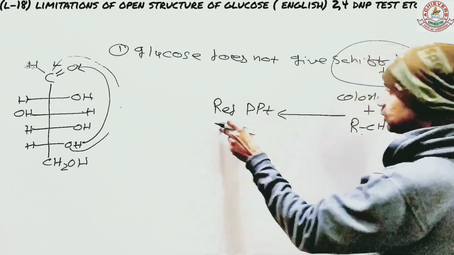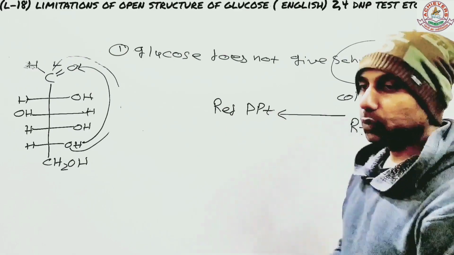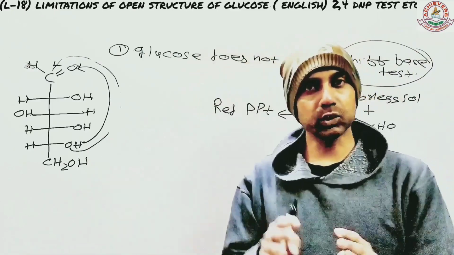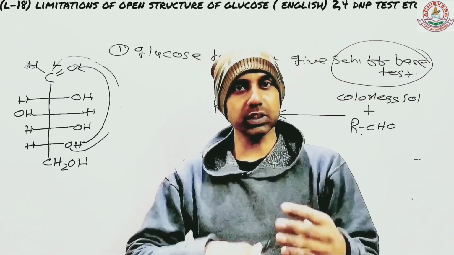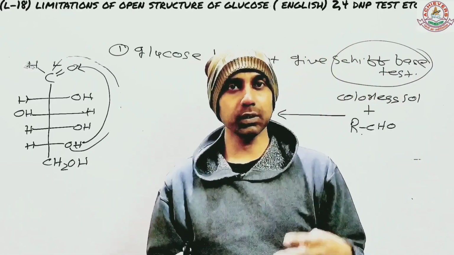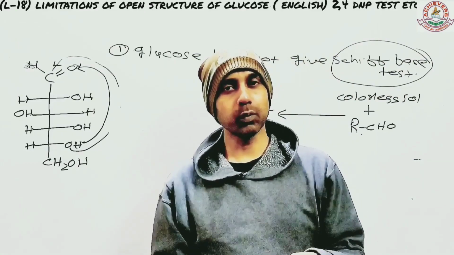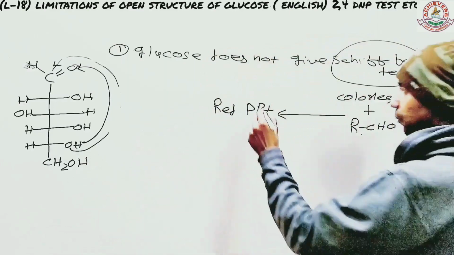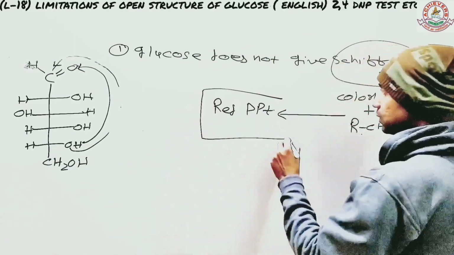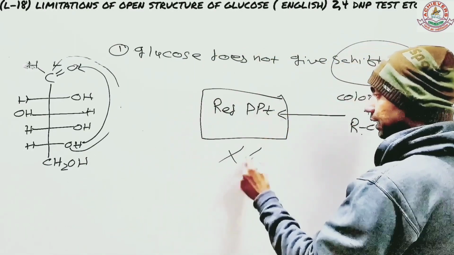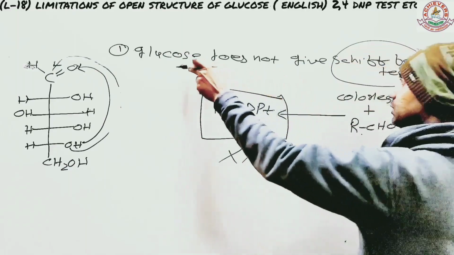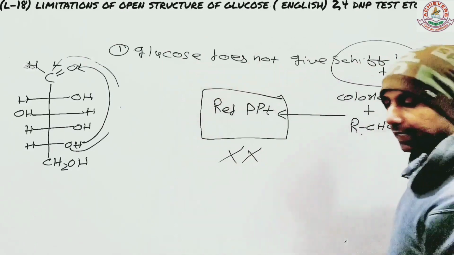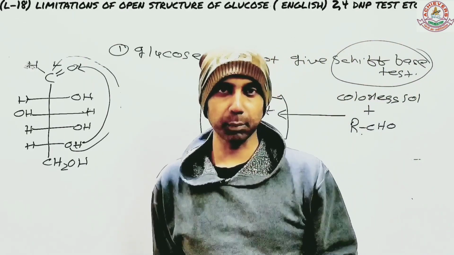So this is the actual process, but because the oxygen in the aldehyde carbon of glucose is not free, because it is used in making the six-membered ring, this test is also not possible for glucose. Glucose cannot form this precipitate, and therefore glucose fails again to give the Schiff's test. So this is the second limitation.